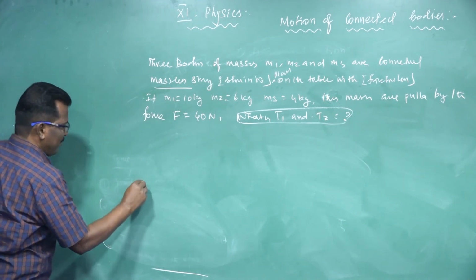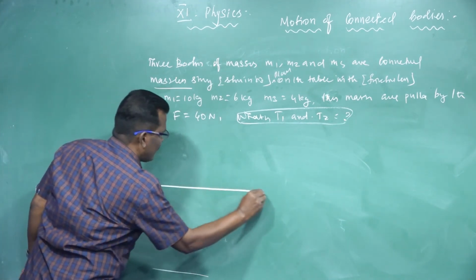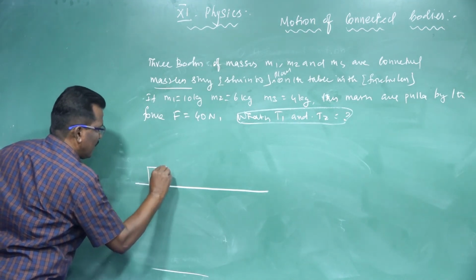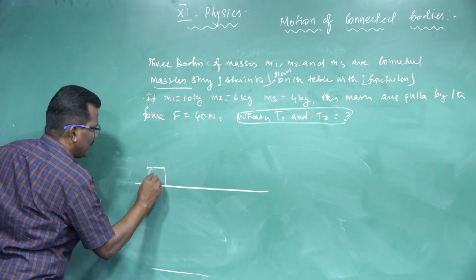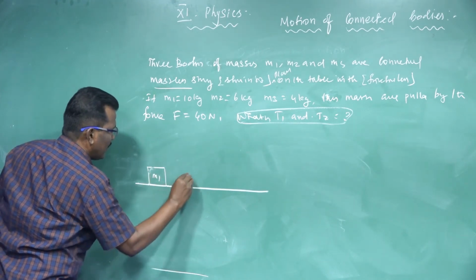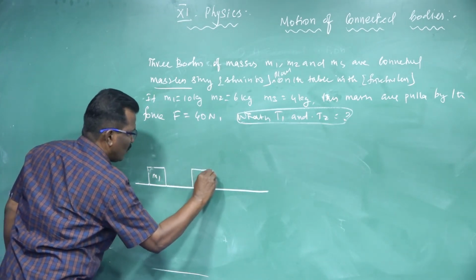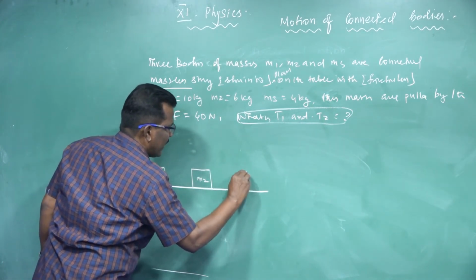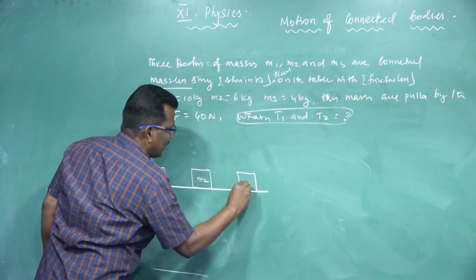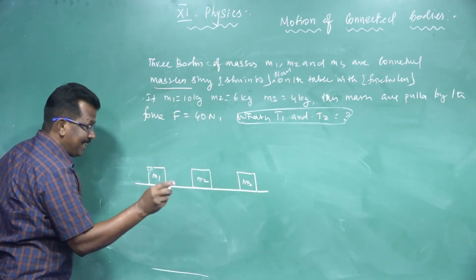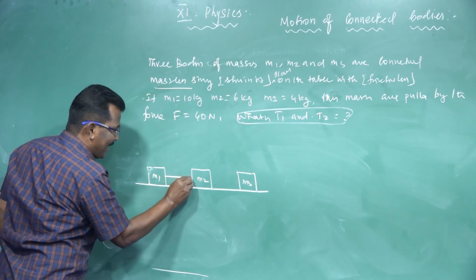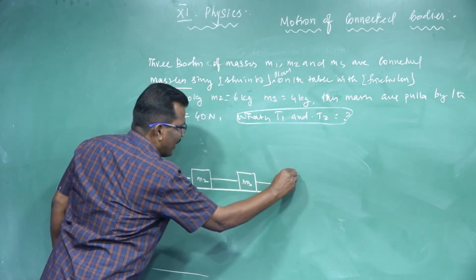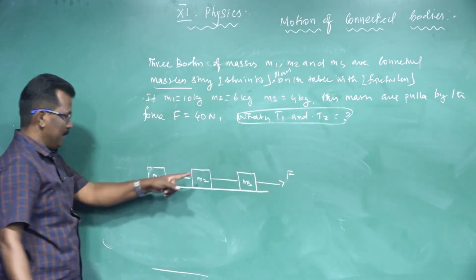Okay, let's see the diagram. Three masses: body number 1 is M1, body number 2 is M2, body number 3 is M3, connected by means of a massless, inelastic string placed on a frictionless table.